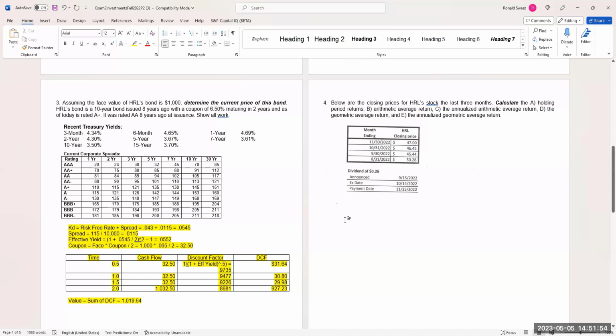All right, let's jump to page number 4, unless someone has a question, you'll interrupt me. Number 4, we're going to calculate the holding period returns.